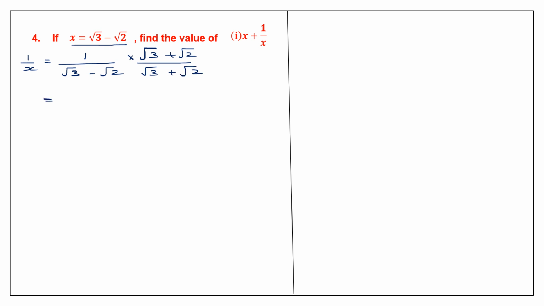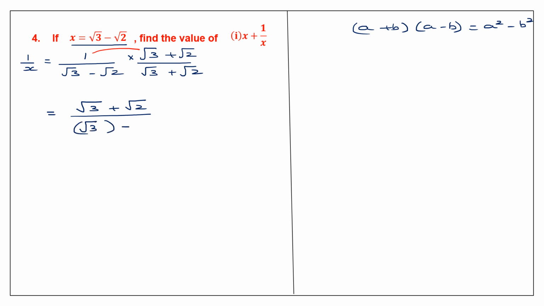Now let's work this out. Here we multiply 1 into this, we get the same thing, root 3 plus root 2, by, now here we have root 3 minus root 2 into root 3 plus root 2. Again, it is in the form of a plus b into a minus b, which is equal to a square minus b square. So let's write that. a here is root 3, the whole square, minus root 2 square.